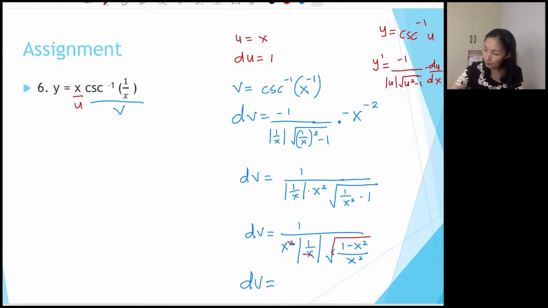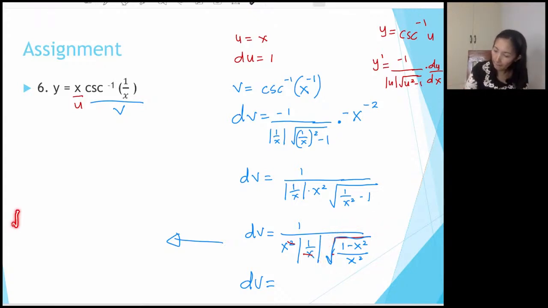now wait, if we get the reciprocal, then this becomes square root of x squared. In fact, if we get the reciprocal of this radical, it will be the square root of x squared all over 1 minus x squared.